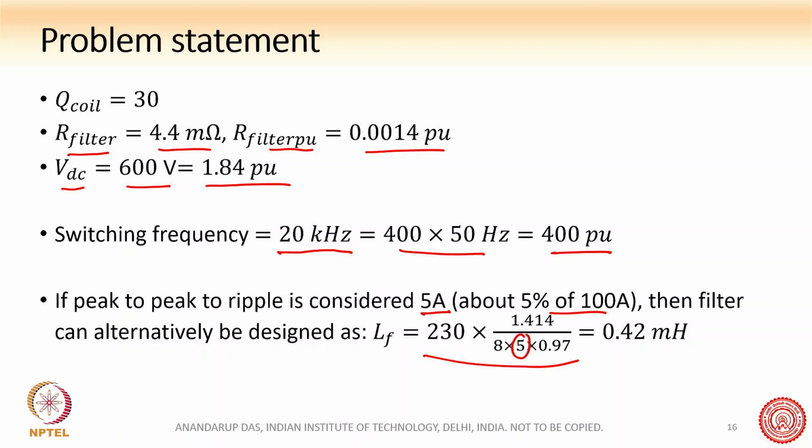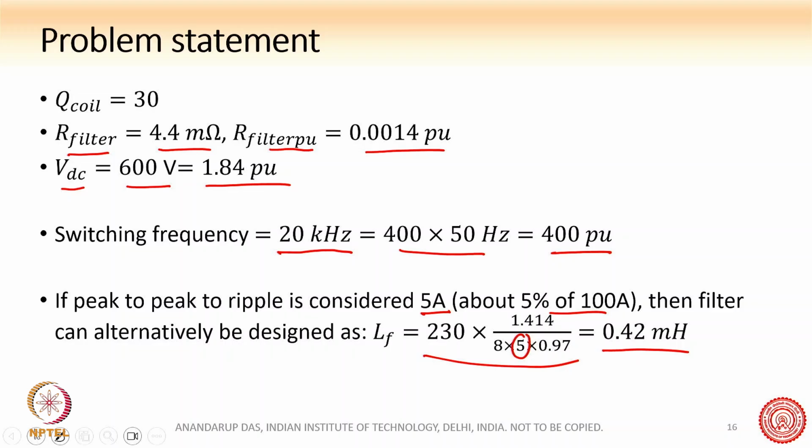So this we have not derived, but this is another way of designing filters with a 0.42 millihenry. Okay, this will come. So here this V peak by this we have not discussed. So this is another way of designing the filter value. Okay.